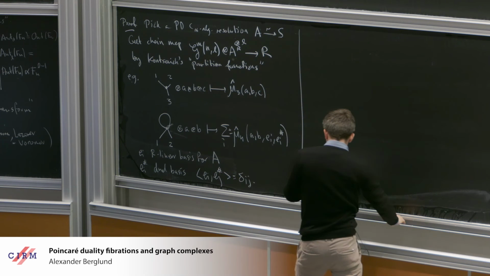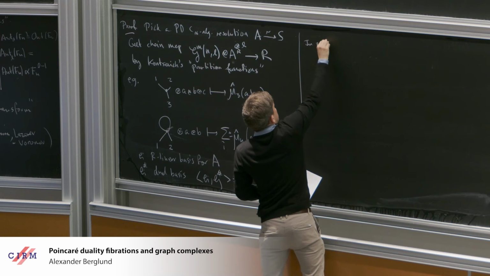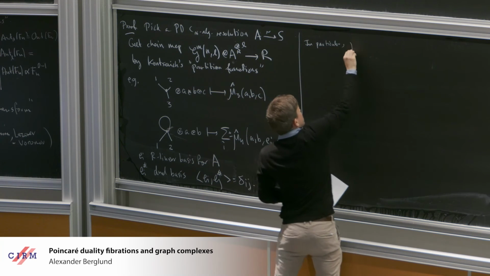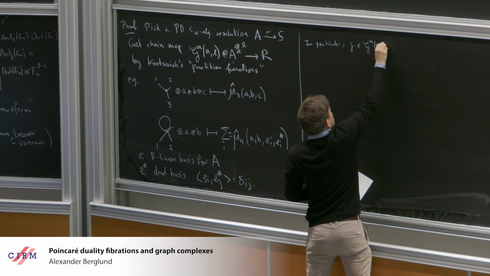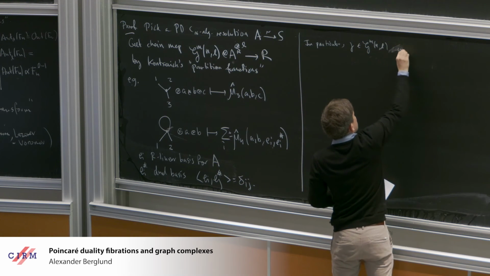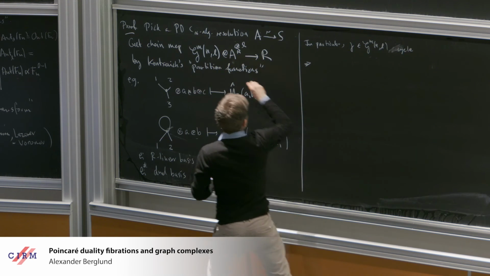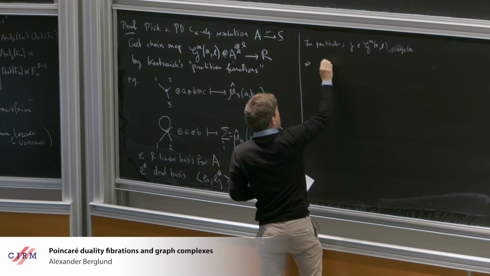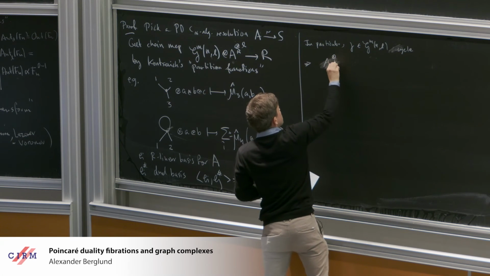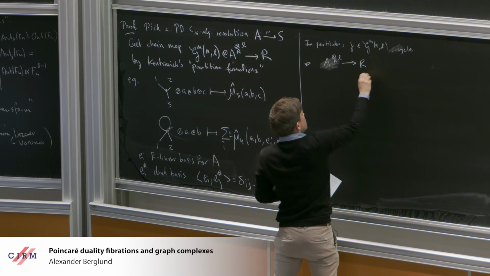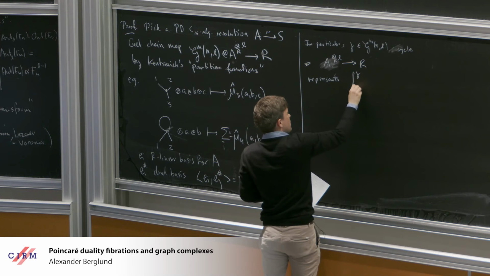Then we're basically done, because if gamma is a cocycle, a cycle, we can restrict to that cycle here, so we get this induced map, a tensor like so, and this represents the map that I claimed to exist.